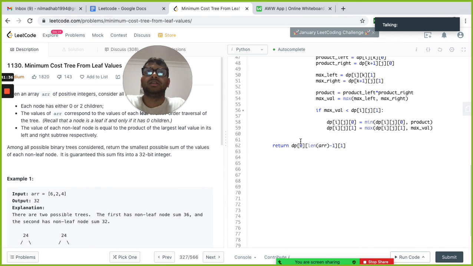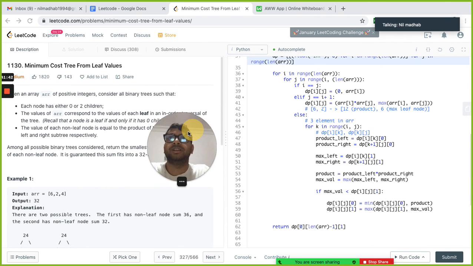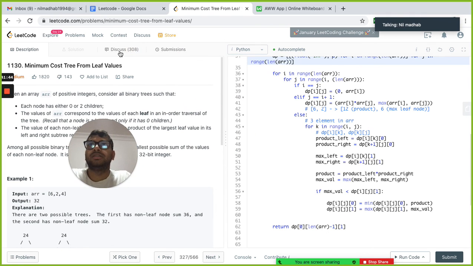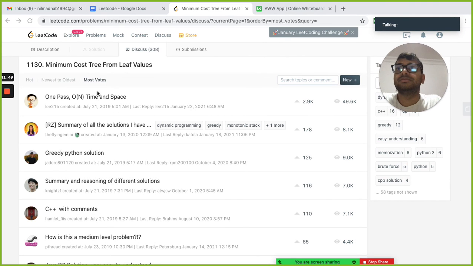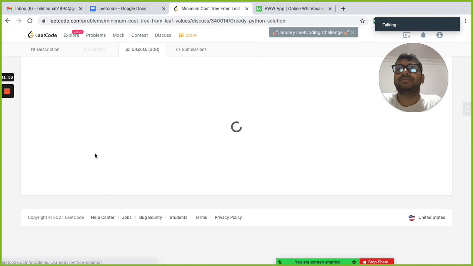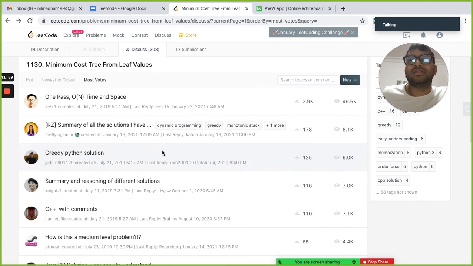Okay. Fine. This is my algorithm. I don't have much time, so let's see the answer and let's see if we are moving in the right direction. Okay. Oh, it's greedy. Let's try DP.